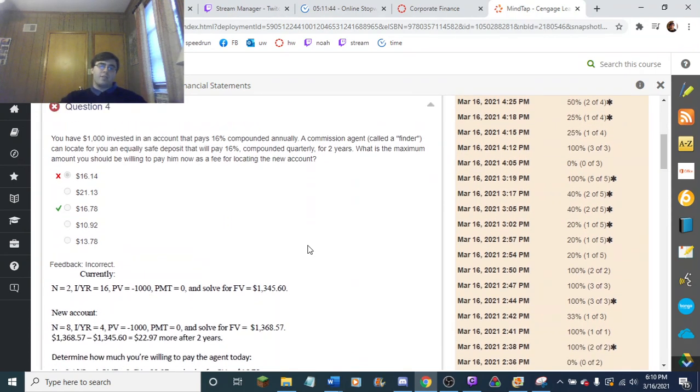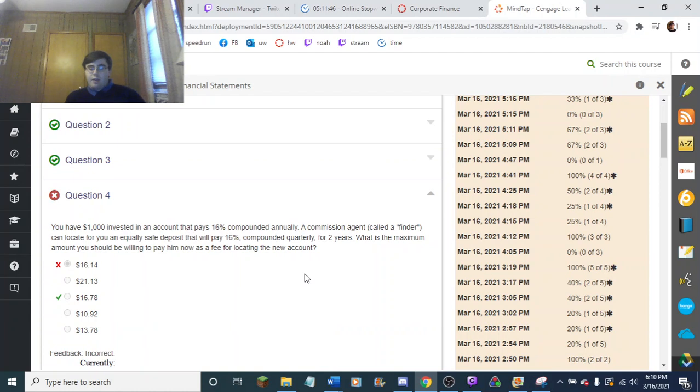I don't get this. I'm going to recalculate the effective rate. It's quarterly, 4 times a year. Enter. The effective rate is equal to 16.99. That's the effective rate. So how is this wrong?